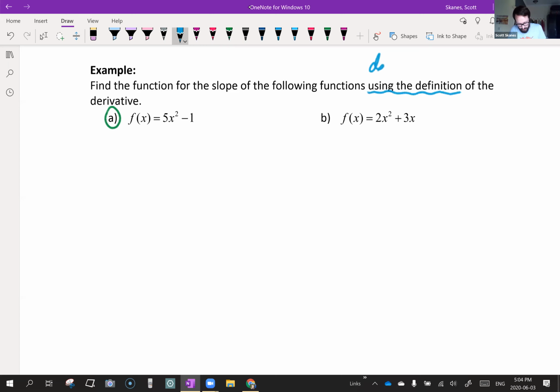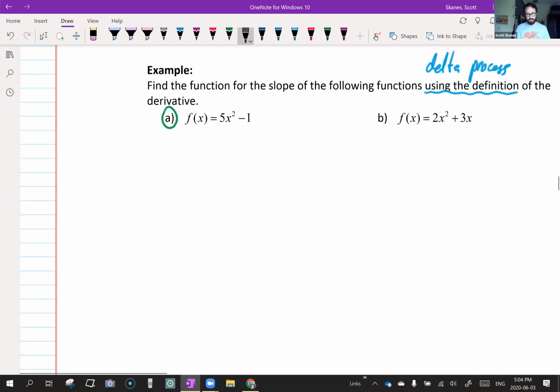That's the delta process. And let's think about the function. Before we start, I know I'm going to need f of x. Well, that one's easy. I need f of x squared minus 1. That one's a little trickier.